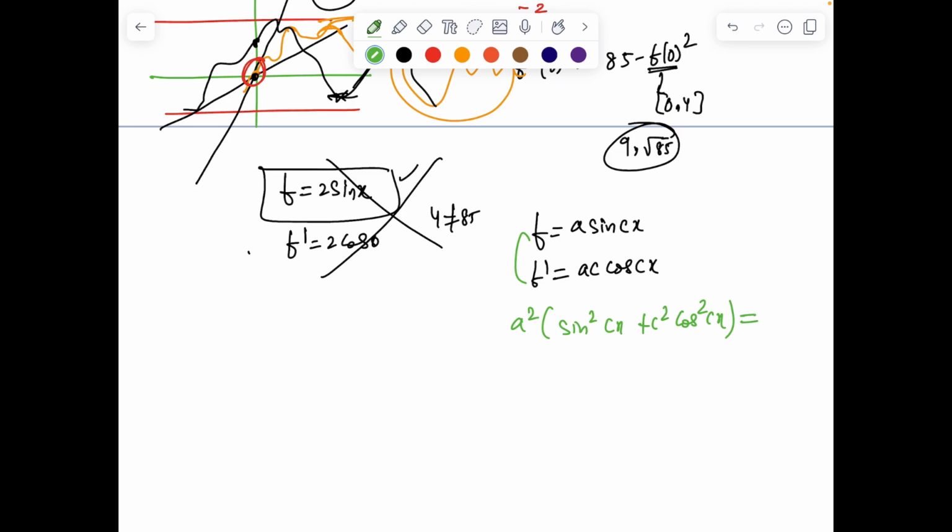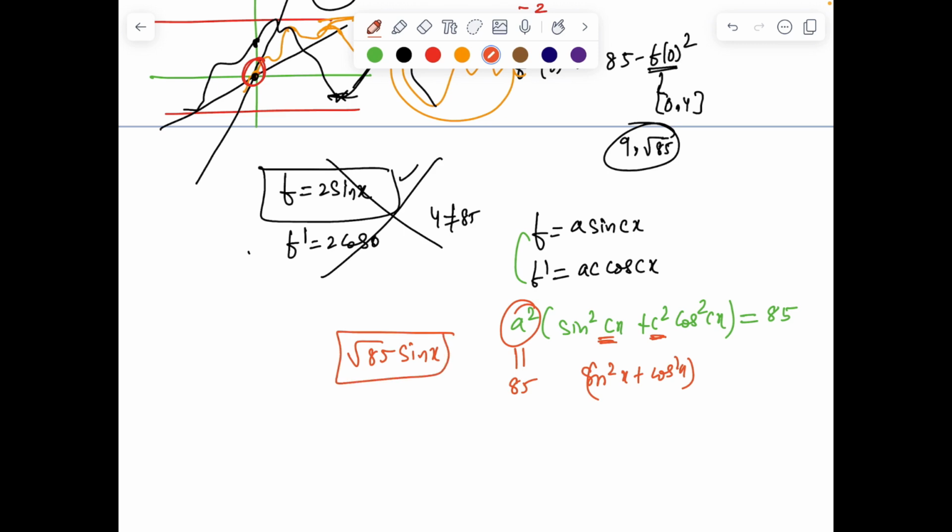This I want to be 85 actually. Okay, so now there are many ways in which we can construct this. One such way is we can take a square as 85 and c to be 1, because if I take c as 1 I'll get sin square x plus cos square x as 1 and a is root 85. Okay, so we have a function root 85 sin x.